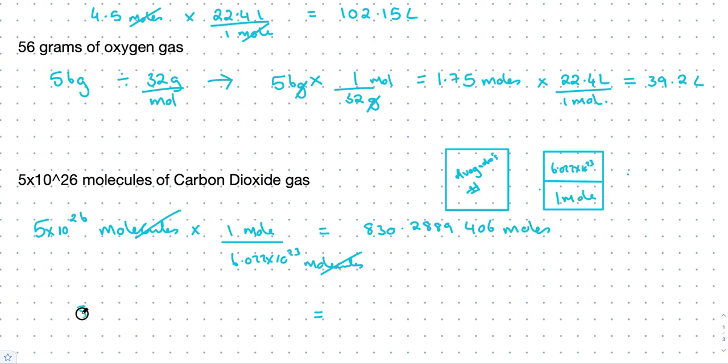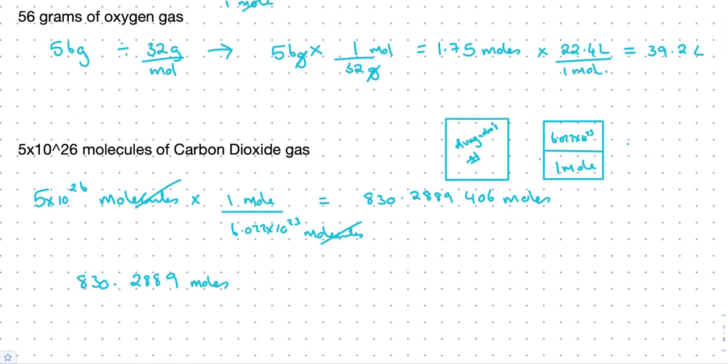So I've got 830.2889 moles. And how do I change that into the volume of a gas? Well, I go through the molar volume, and that is 22.4 litres for every 1 mole that I have. So I'm going to multiply, and then the units drop out and I'll be left with litres.